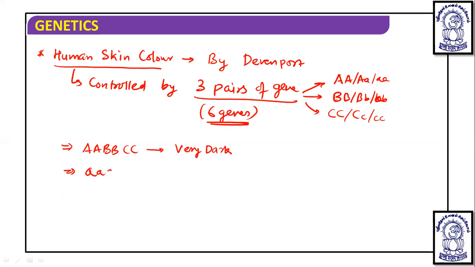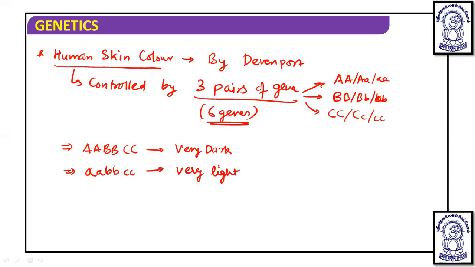But when all are recessive, then they are not going to produce melanin, so they are going to be very light.